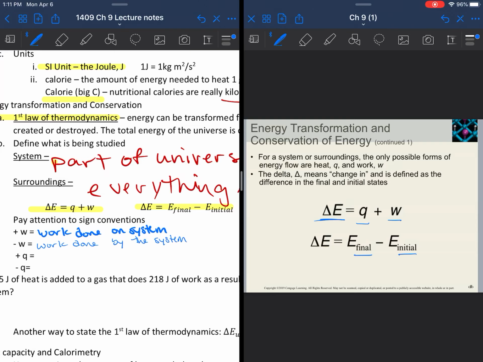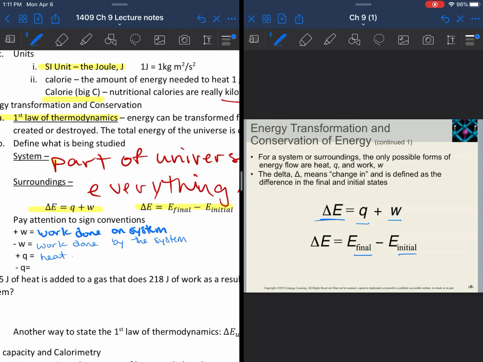Negative W is work done by the system, right? If you have a system that is expanding and pushing against the external pressure, then it is going to lose energy. That energy is being transferred to the surroundings.